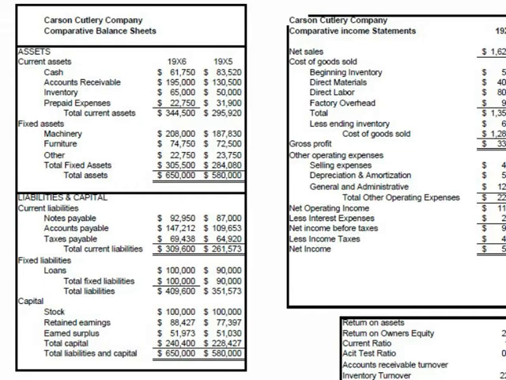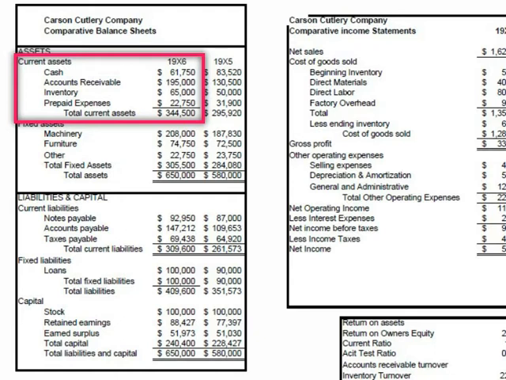If you consider just assets now, it's dividing current assets. Current assets is everything that is going to be used within the next 12 months. In this report, that includes cash, accounts receivable, inventory, and prepaid expenses.